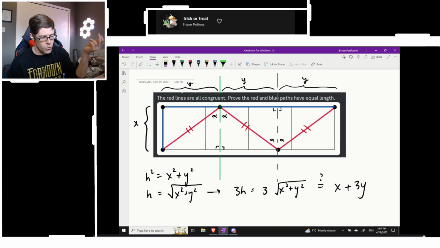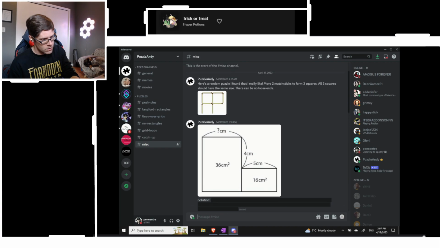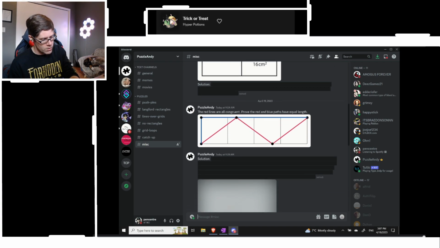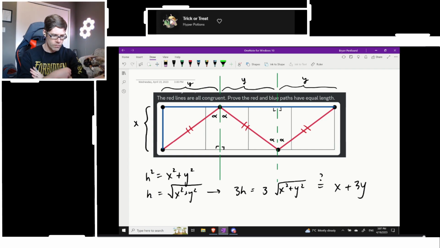I guess if we assign numbers to this, that might be helpful. But I don't want to assume that these are length 1. I don't think we need to.